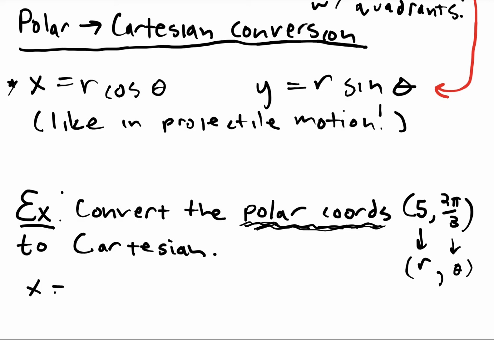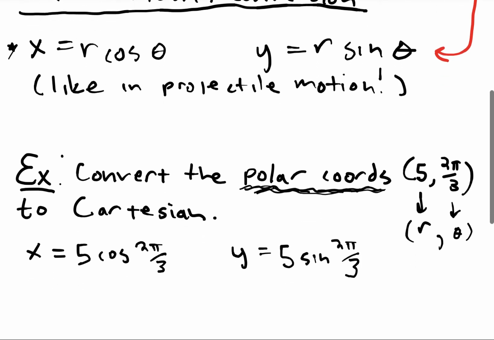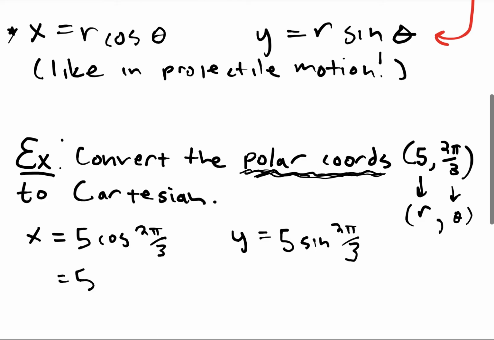So if I'm worried about my x, this should be my r times my cosine of 2 pi over 3, and that means that my y should be my r, which is 5, times my sine of 2 pi over 3. If you go to simplify these, well, 5 times negative a half, or negative 5 halves here.